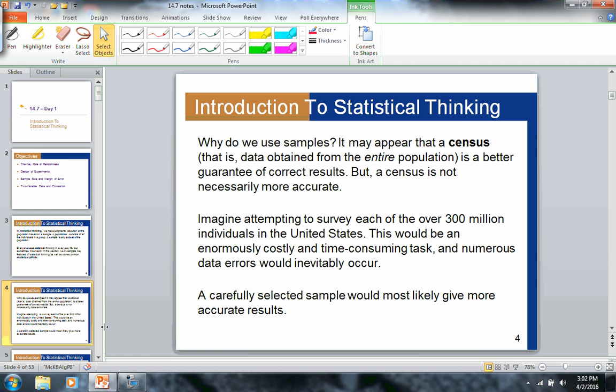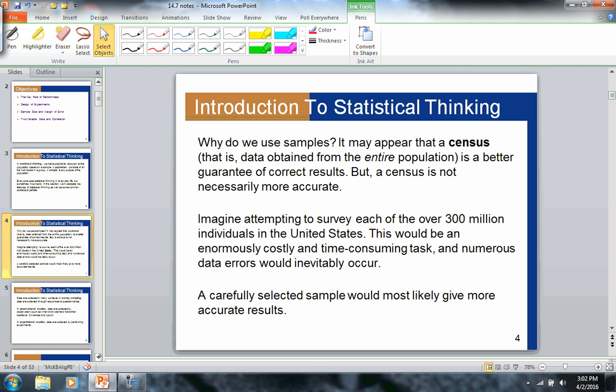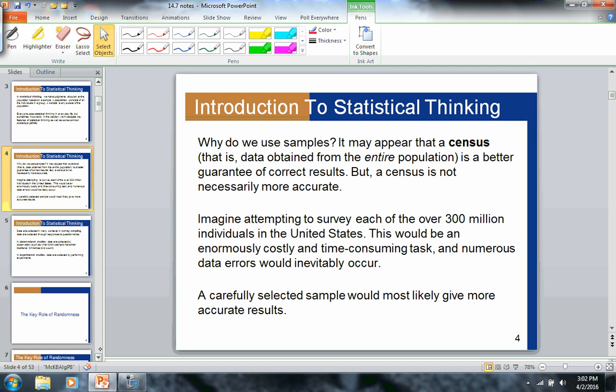Now, we use samples because it's really challenging to gather information from the entire population.